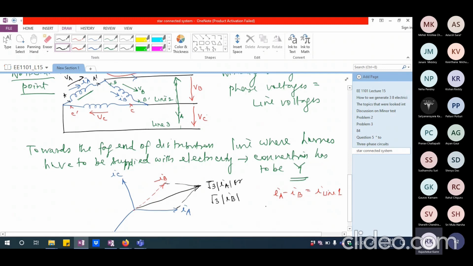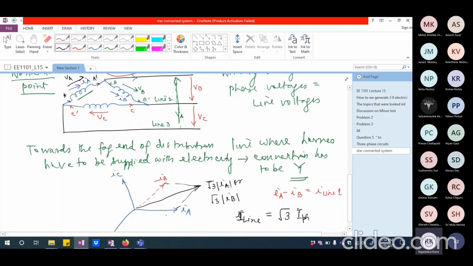So I'm going to have either root 3 times IA or root 3 times IB, or I can say in delta connection, I line is going to be equal to root 3 times I phase. In fact, I can write in capital because I'm talking about RMS values.